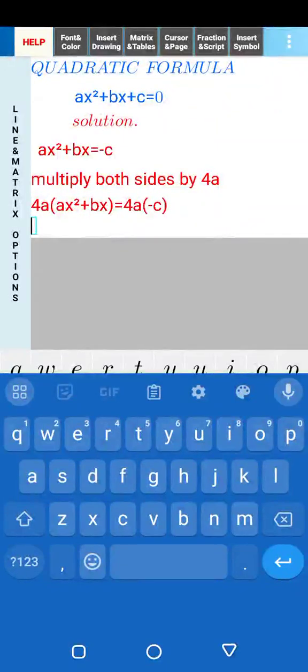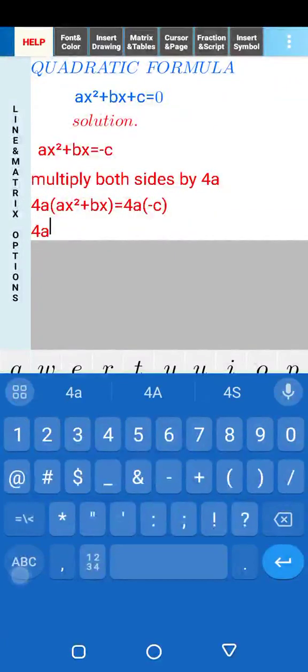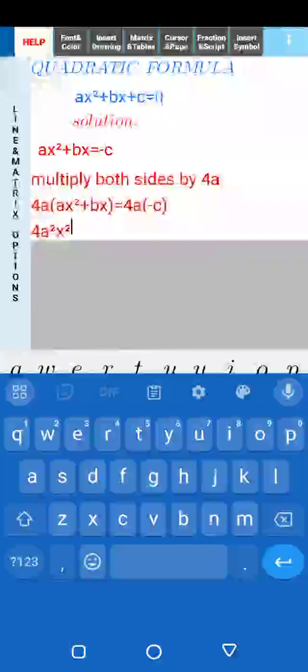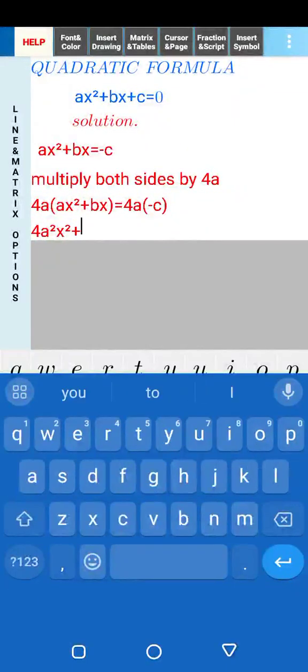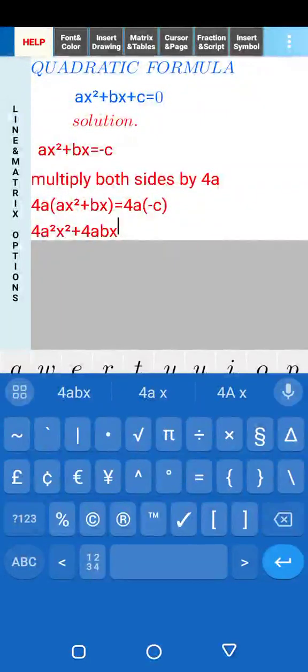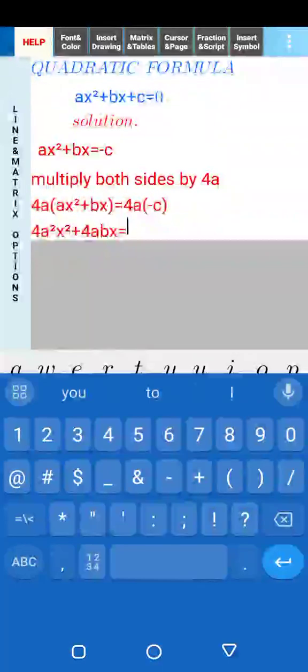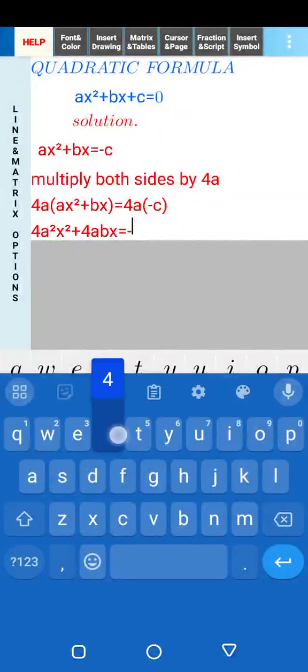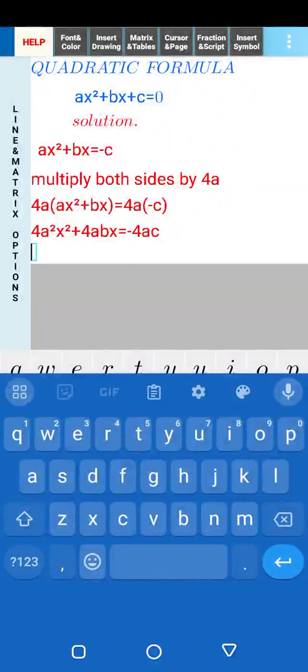If you open your bracket, it's going to give you 4a squared x squared plus 4abx, because you multiply the left hand side by 4a, it gives you 4a squared x squared plus 4abx is equal to, then multiply that side with 4a again, if you open the bracket, it will give you minus 4ac. Okay, so that's it.